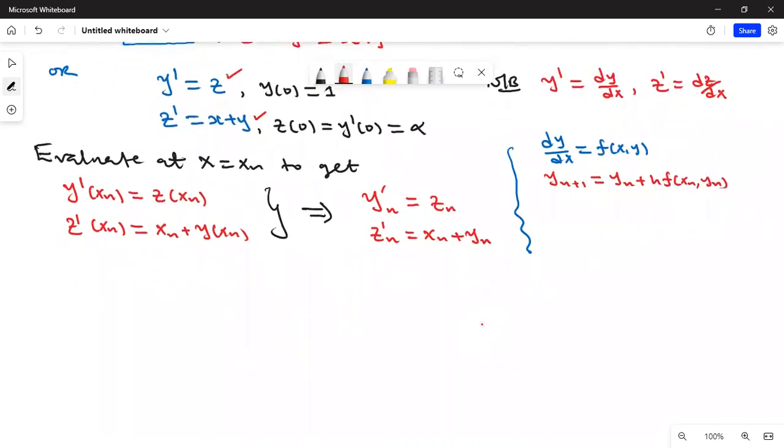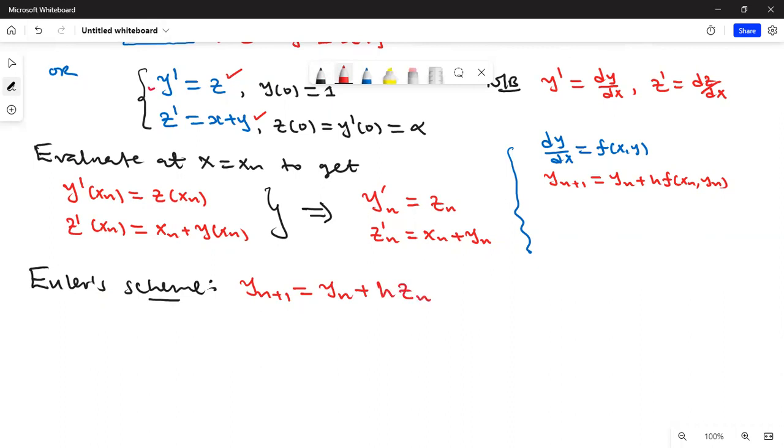So therefore, the Euler scheme for the given system, I'm talking about this system, will give us yn plus 1 equals yn plus h times zn.